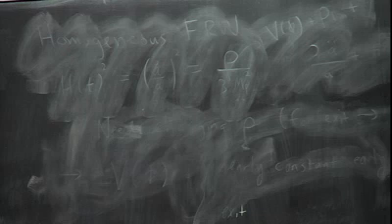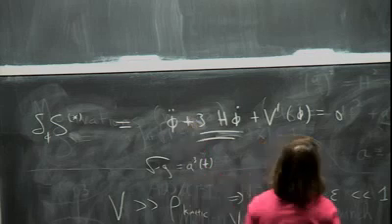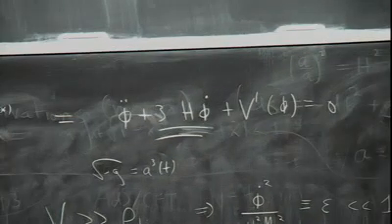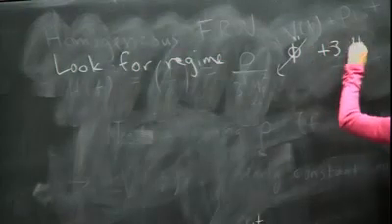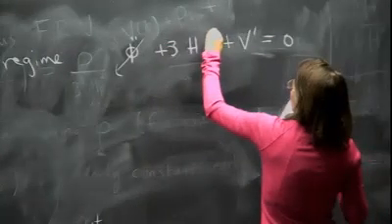But we really need that to last for a long time. We want this to last for those 60 e-foldings I suggested before. So basically, we want the system not to change rapidly. So let's look for a regime where in that equation of motion we can neglect the phi double dot term in favor of the other two terms.